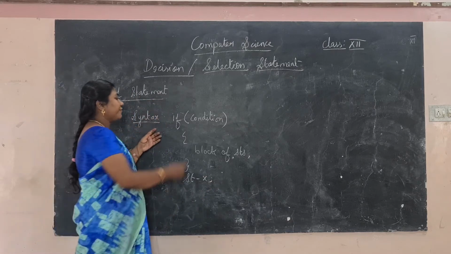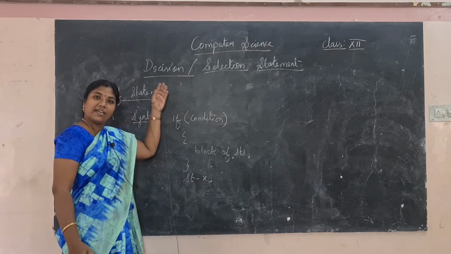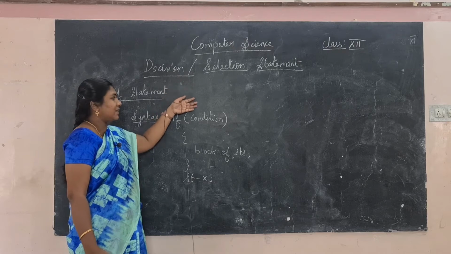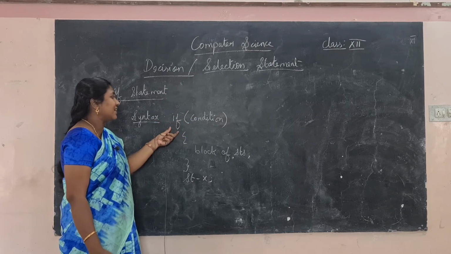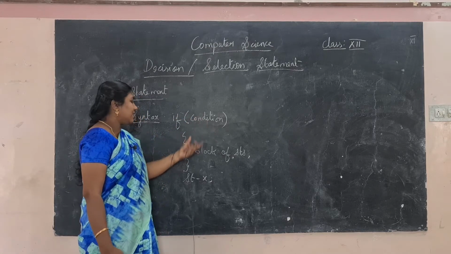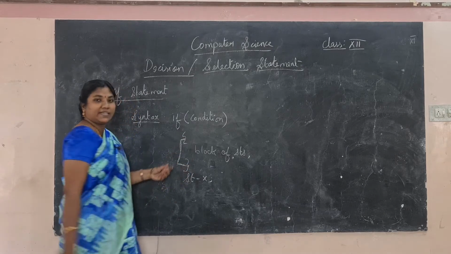Clear? The statements before the if statement will be executed sequentially, and when it comes to the if condition, it will check it. If this condition is true, then the block of statements will be executed.